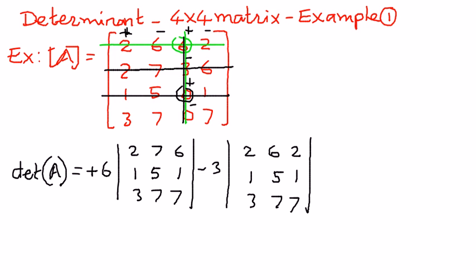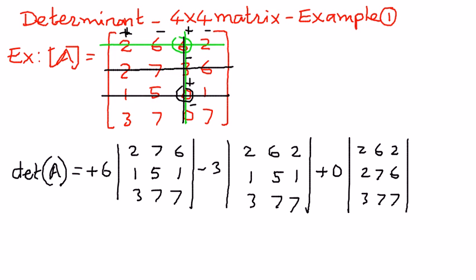And then if we go down to the third row, third column and delete that row and column, the term is going to be positive 0 times 2, 6, 2, and then 2, 7, 6, and then 3, 7, 7. Let me write this down, and I'll show you how easy it is to just disregard this.